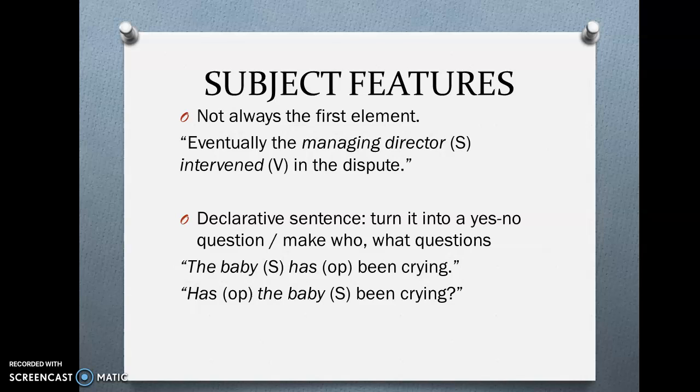Like, for instance, the baby has been crying. The baby being the subject and has the operator or auxiliary. So what do I do? I front the auxiliary, and what comes after this operator or auxiliary is always going to be the subject.